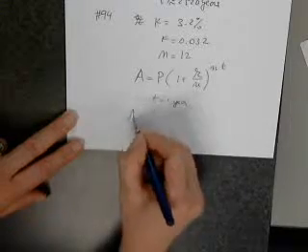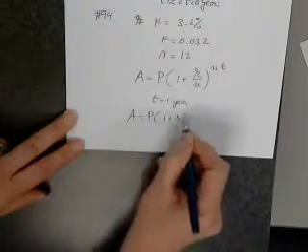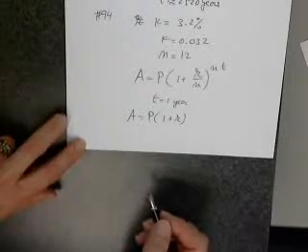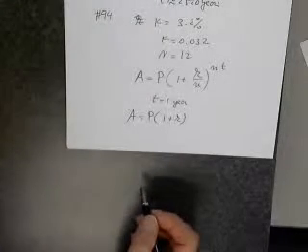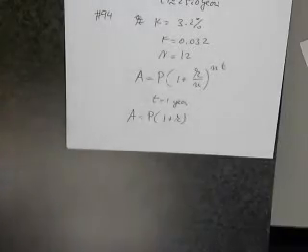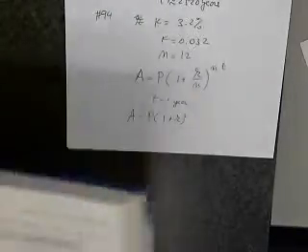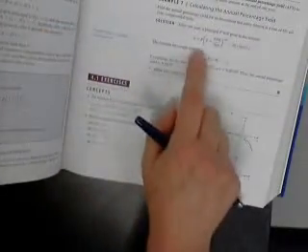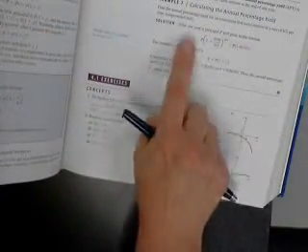And the formula for the simple interest is this. Let me just show you that example. They're comparing the two formulas.